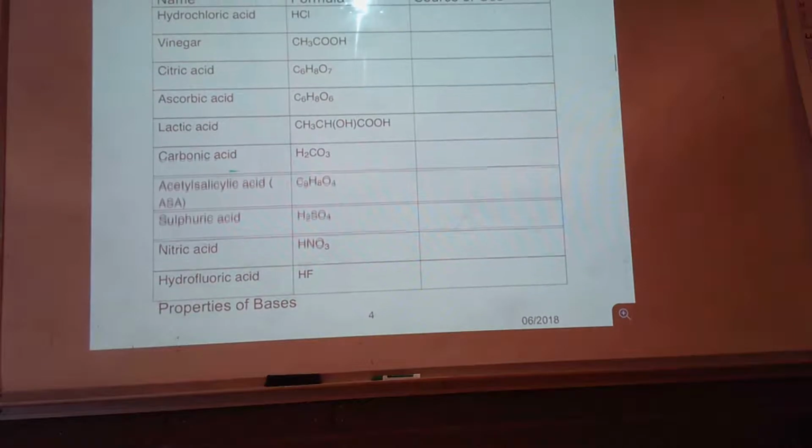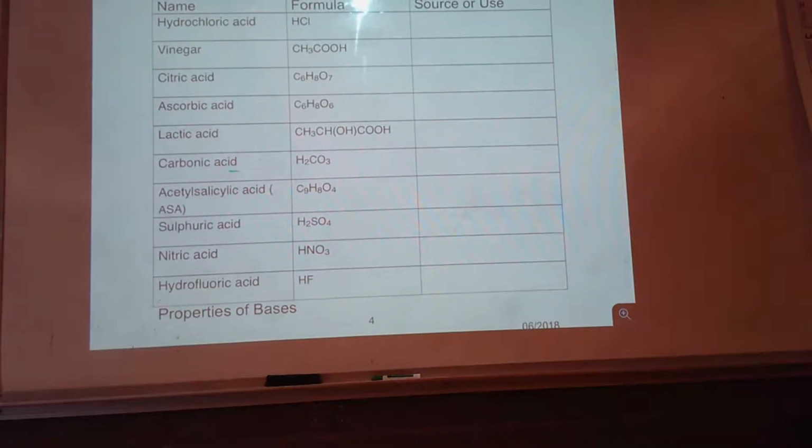So these are some common acids that we deal with in everyday life. So hydrochloric acid, a source of that's our stomachs, right? Our stomachs produce hydrochloric acid. Okay, and our stomachs produce hydrochloric acid for two reasons, right? To sort of dissolve the food that we eat, but it also kills germs.